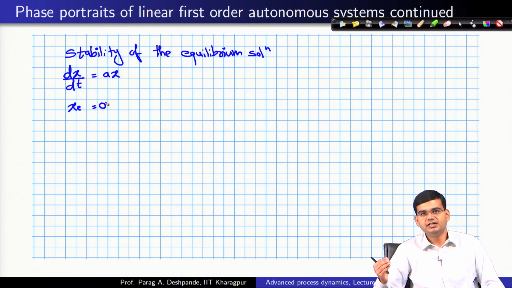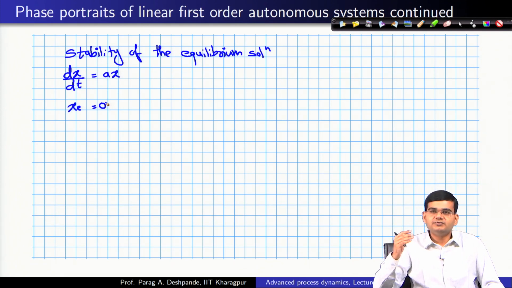Let me repeat, if x_e = 0 is an equilibrium solution, then if the system diverges away from x = 0 as time goes to infinity, then the solution is called unstable. If it remains there, then the system is called stable.